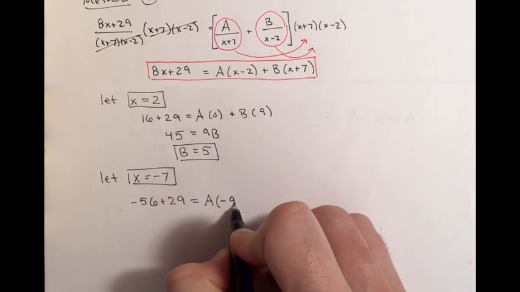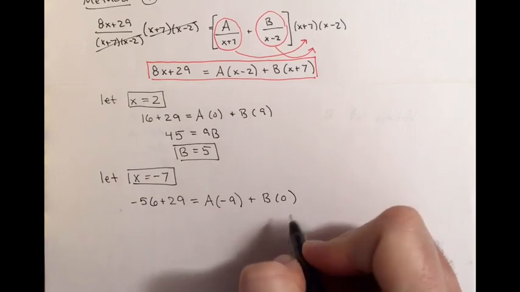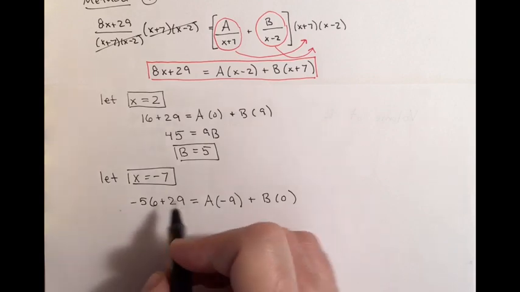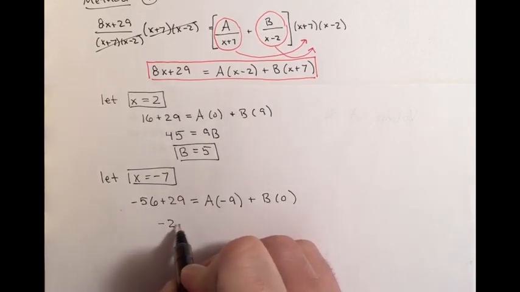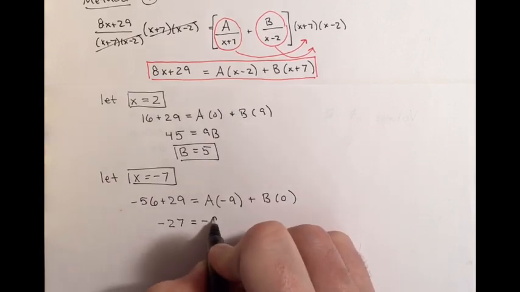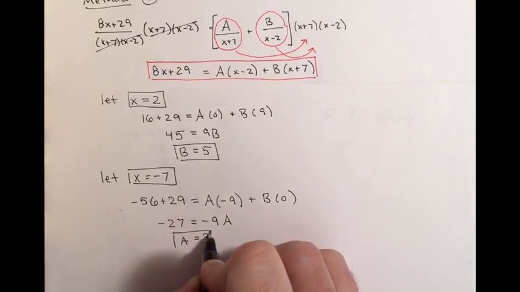So that's a times minus 9. And then we have b multiplied by 0. On the left, we have minus 56 plus 29, which gives minus 27, equal to minus 9 times a. And so a is just going to be equal to positive 3.